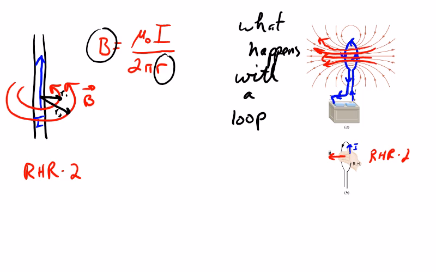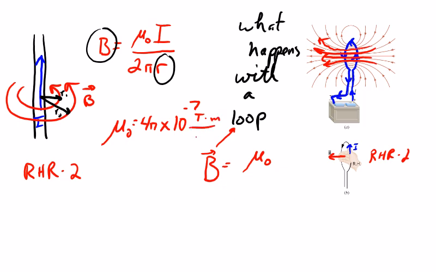And the cool part is calculating that magnetic field for a loop. It's a little bit similar. We still have the permeability of free space, mu, which is just 4 pi times 10 to the negative 7th power, in tesla meters per amp.